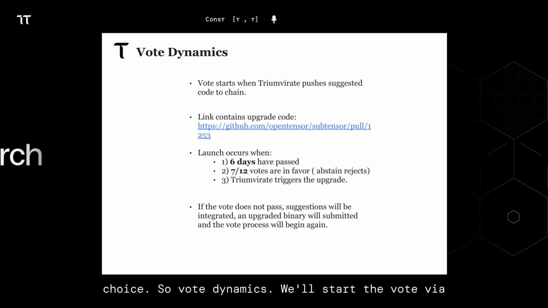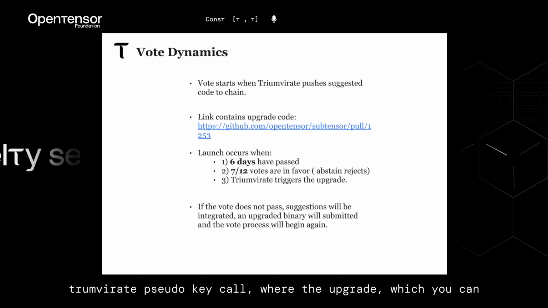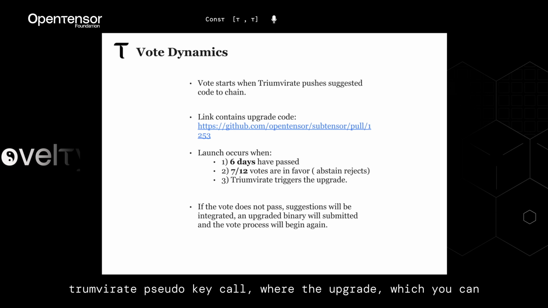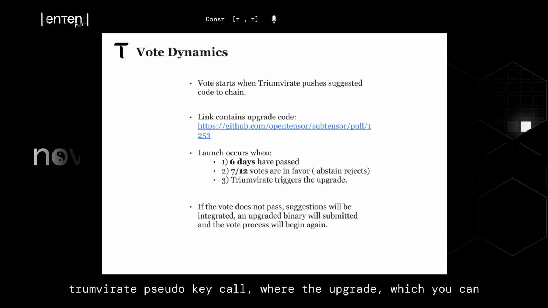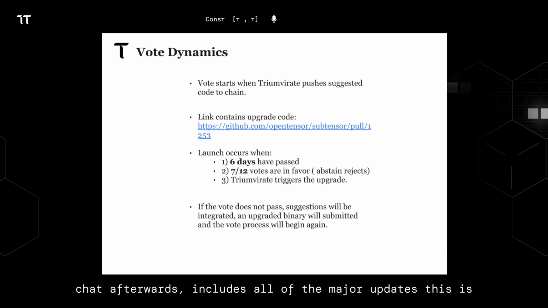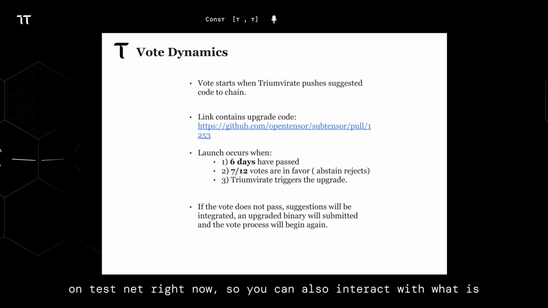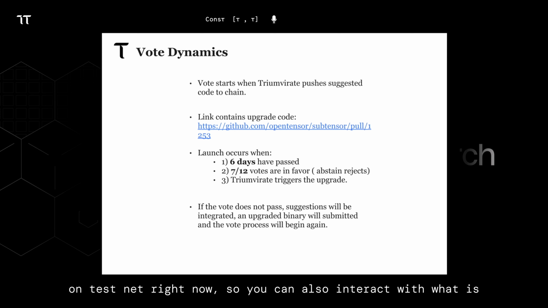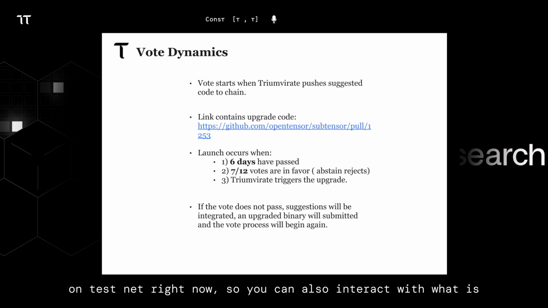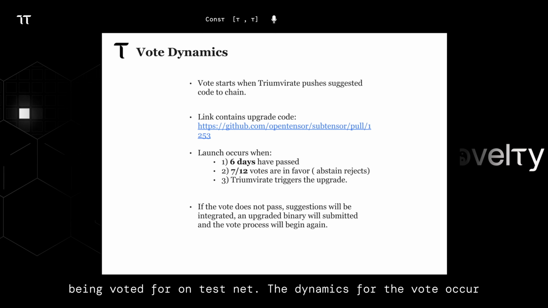So vote dynamics. We will start the vote via triumvirate pseudo key call, where the upgrade, which you can see if you'd like to on this GitHub link, I'll share in the chat afterwards, includes all of the major updates. This is on testnet right now, so you can also interact with what is being voted for on testnet.